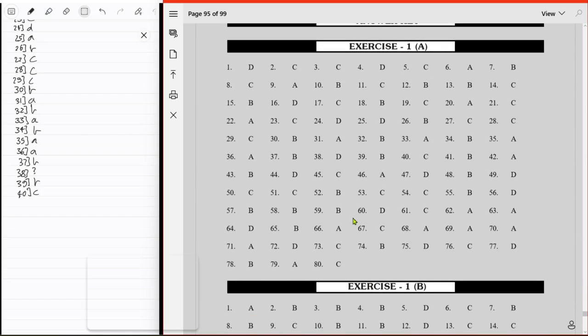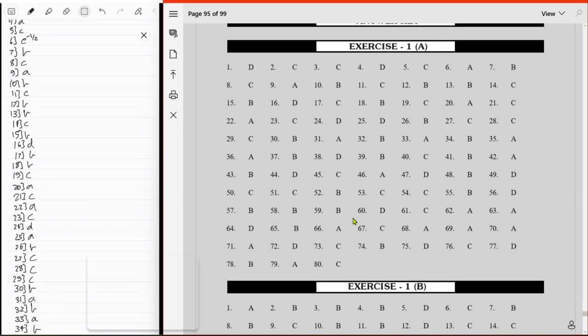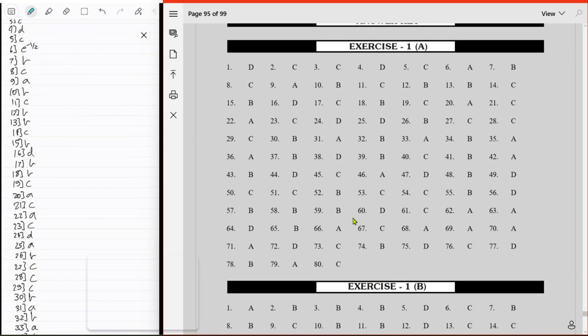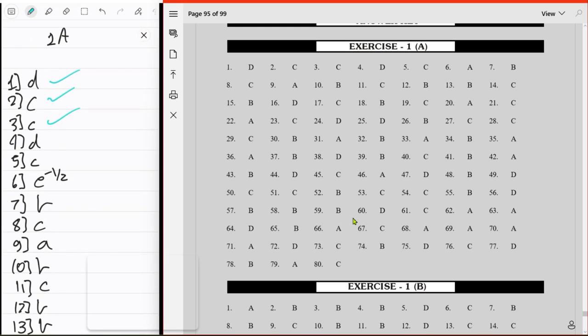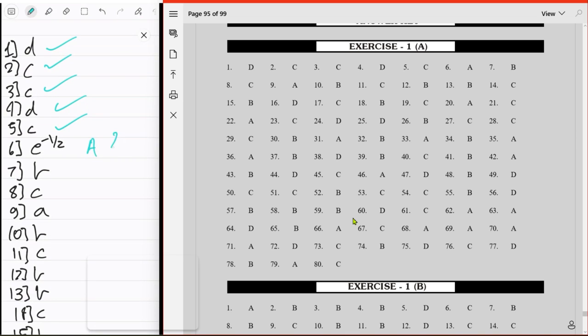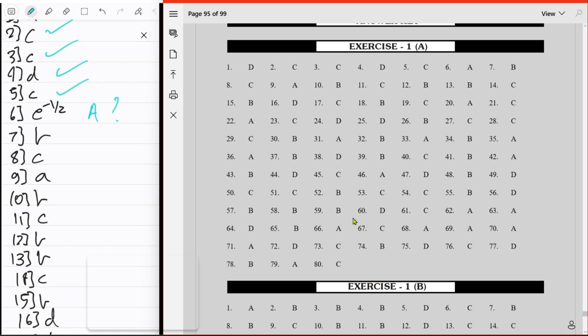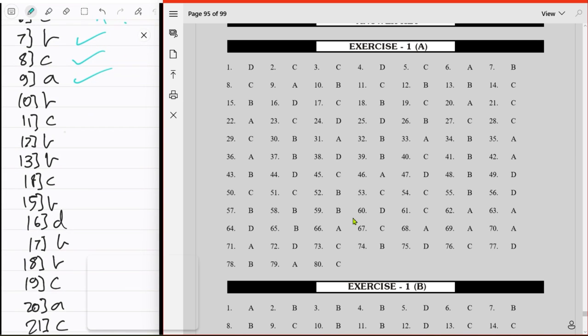Okay, let me go exercise 1A. First D, second C, C. Okay. Then you got DCA. Should be A. Okay. BCA. And 10th. What?